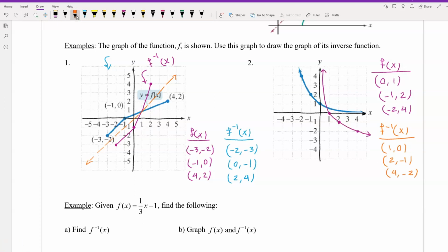So finding these 3 points and then connecting all these to have f inverse. So this means what we did, we mirrored all these 3 points using y equals x.